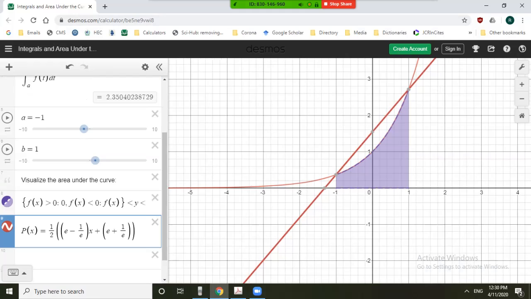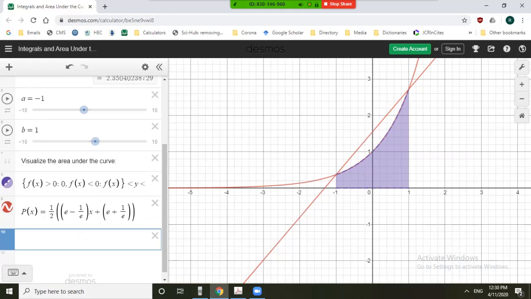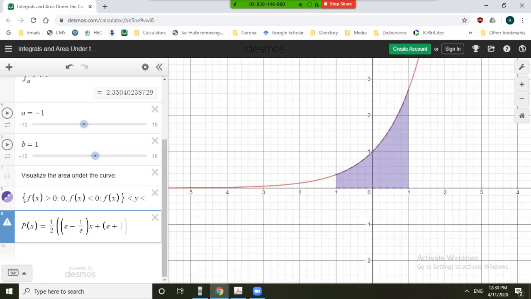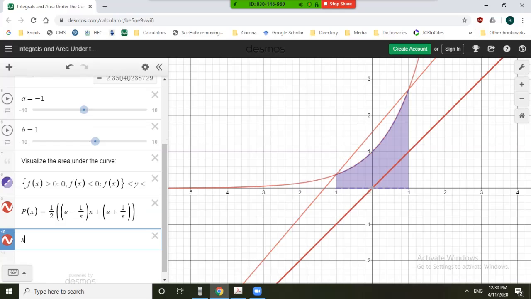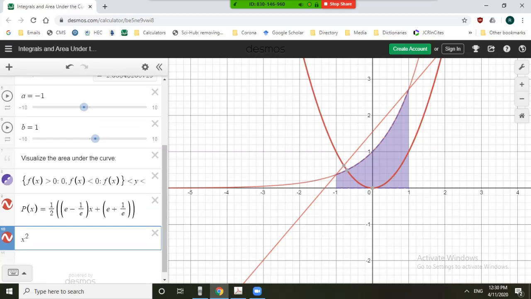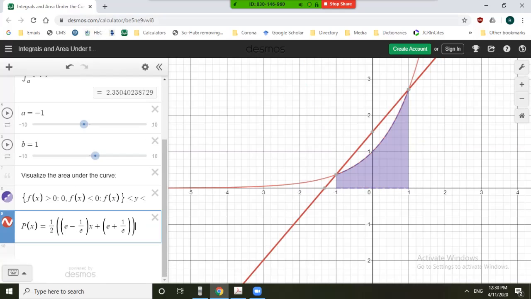For p1 of x, you have to write the polynomial p1 of x or p of x. It is easy if you write, for example, x square, this is the graph. But this time we don't need x square. So this is how to do sketching on Desmos.